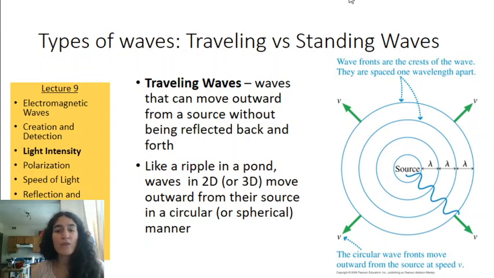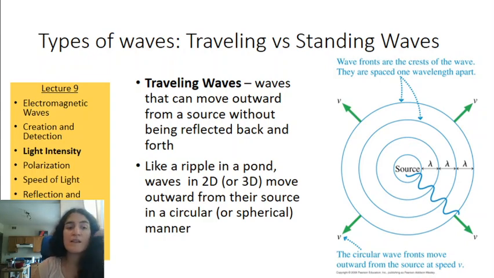What would that look like in 3D? We would imagine a sphere that is growing spatially, right? So the energy that is released in every part of this wave actually has to expand as it's getting further and further away, right?